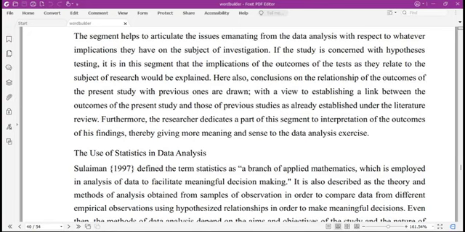Mathematics is calculation, so statistics is a branch of applied mathematics. It's used to analyze your data. Once you're working with data, you need statistics. Statistics helps you to analyze your data to facilitate meaningful decision making.